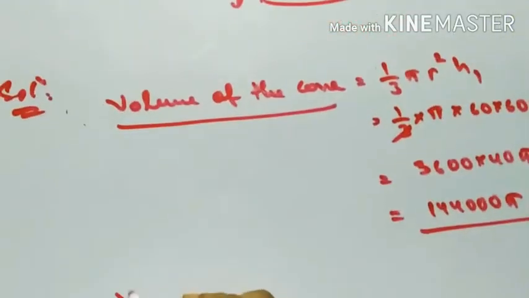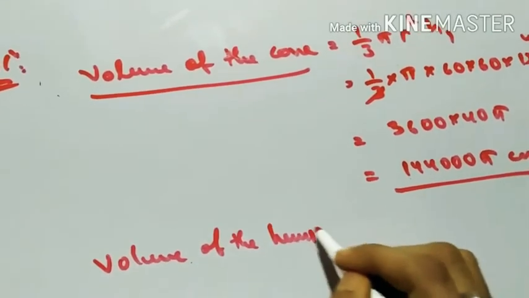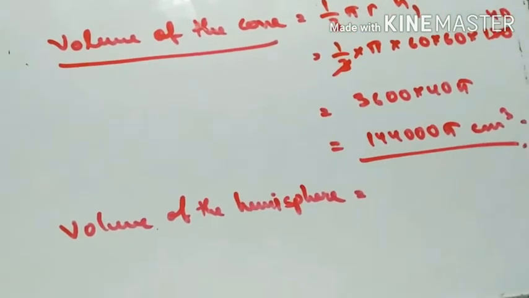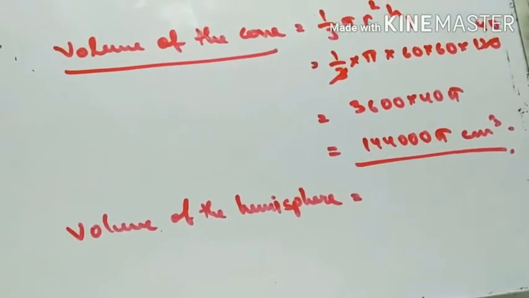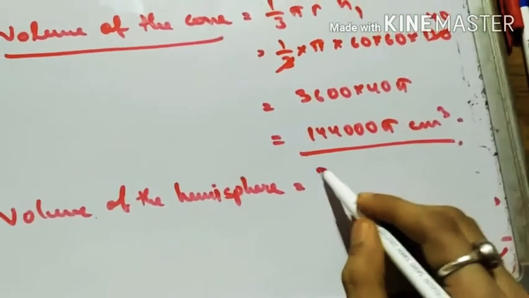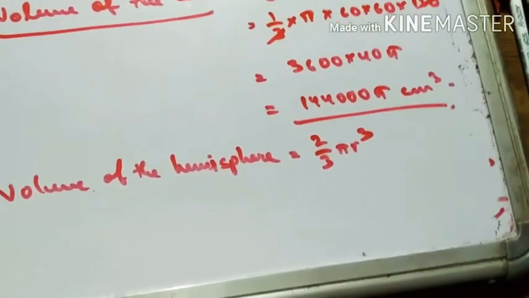Next I will have to find the volume of the hemisphere. Its formula is 2 by 3 pi r cube.